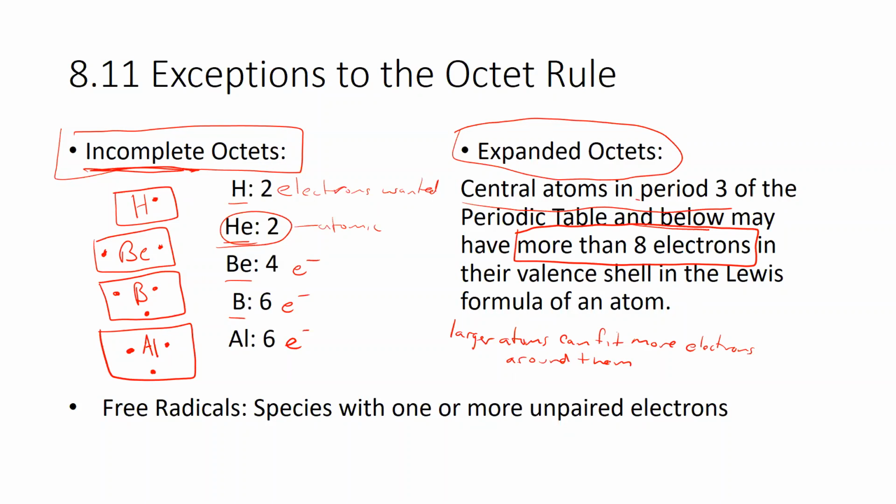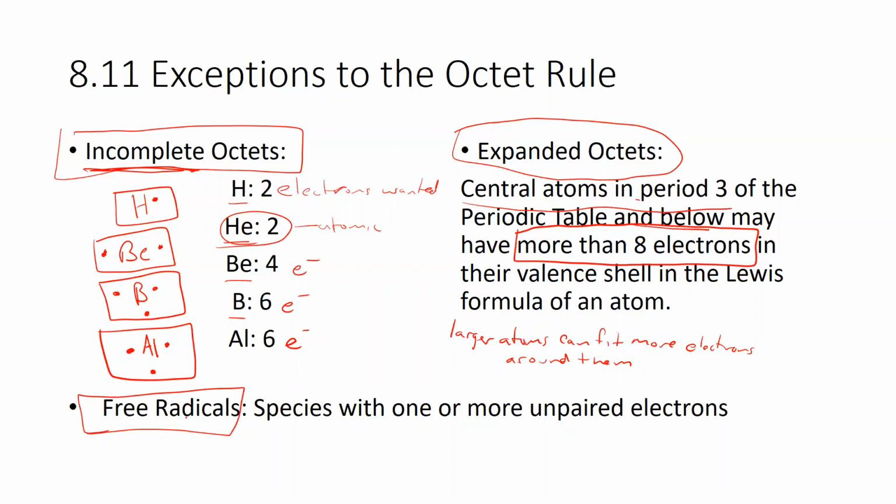So things like chlorine can be a central atom that can have more than 8 electrons around it. Still, most of those types of compounds, sulfur compounds, phosphorus compounds, things that are in period 3 or below, will still tend to make compounds that have octets, but occasionally they will make compounds that have many more electrons than 8, okay?